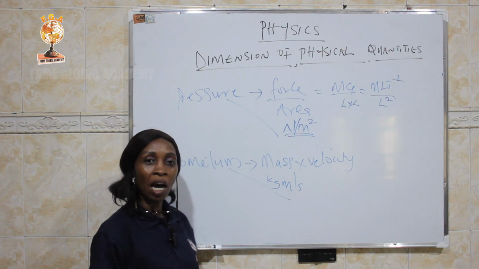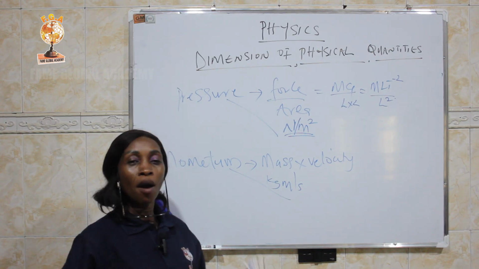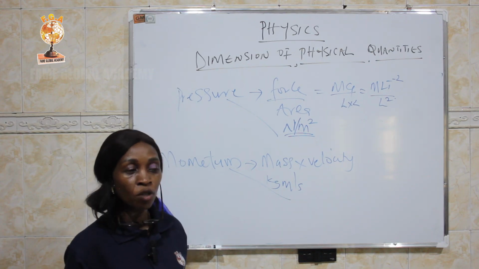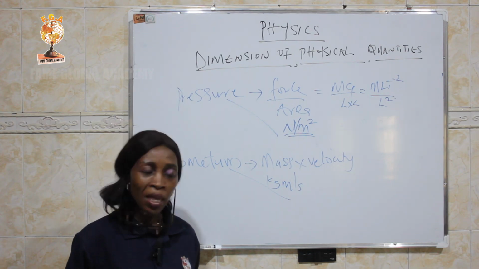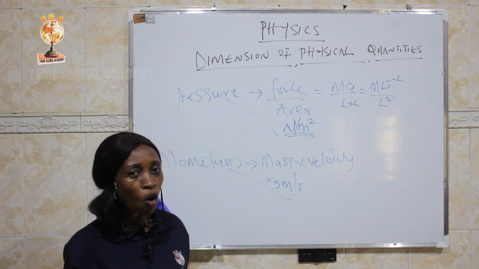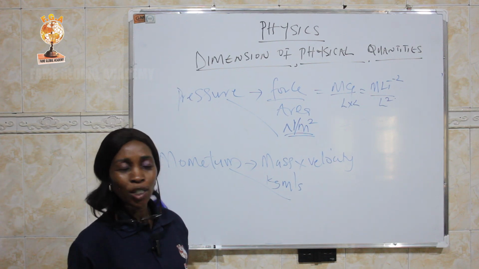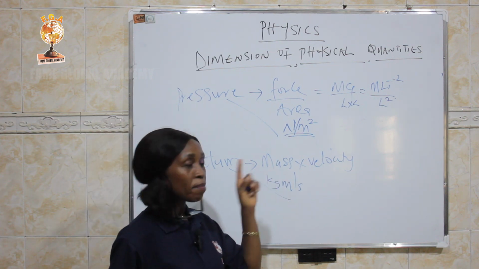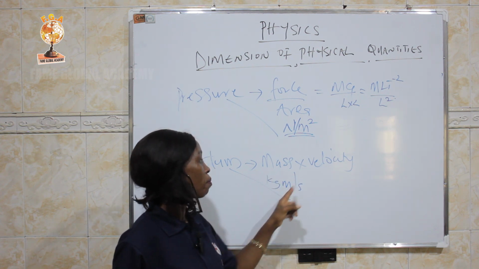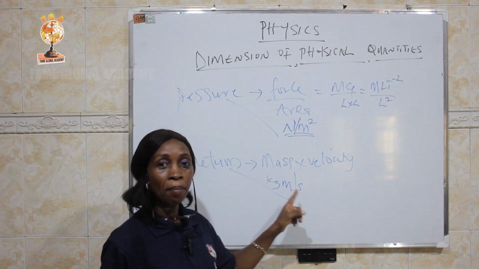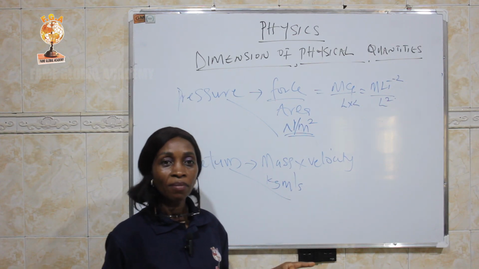So now, if for instance I'm in an example and I've forgotten the SI unit for momentum, after solving I'm asked to find the momentum of a given body with a mass and a velocity given. But I know my formula as mass times velocity, mass is in kilogram, velocity is in meter per second.